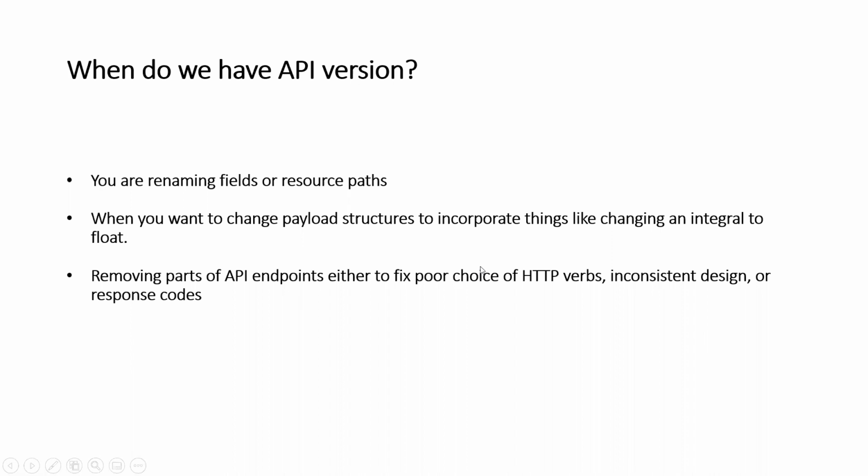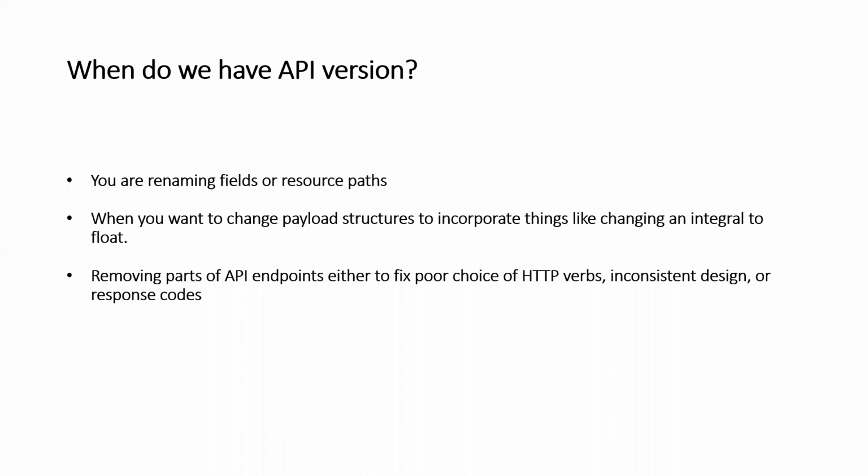Although when you version highly depends on your API consumers' expectations, it is imperative to version your API when making a breaking change. Breaking changes may occur, one, when you are renaming fields or resource paths. It is usually done to clarify something after the API is released.